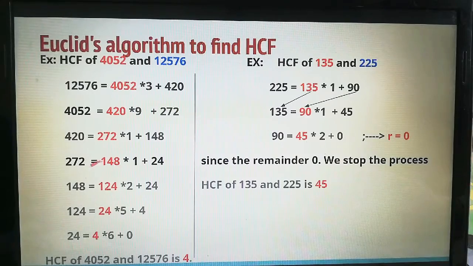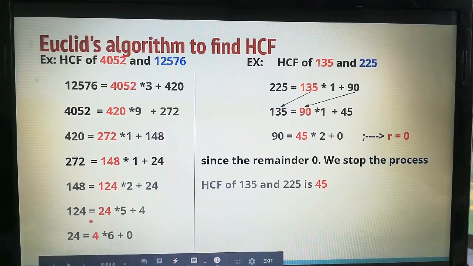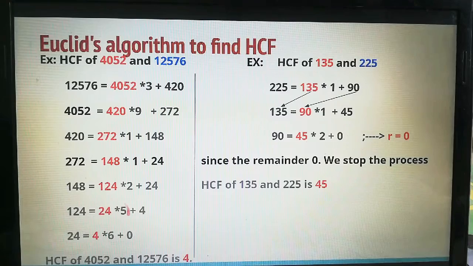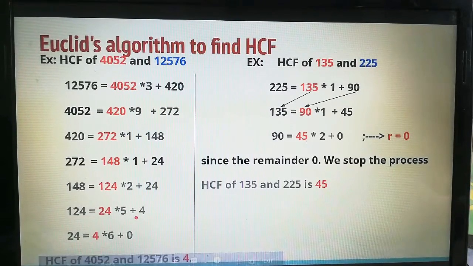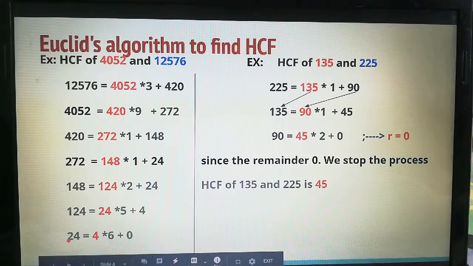So we are doing this until we get the remainder as 0. And finally, in terms of multiples of 24, we get 5 times 24, which is 120, and the remainder is 4. And we take the 24 here, and 4 6s are 24 and the remainder here is 0.